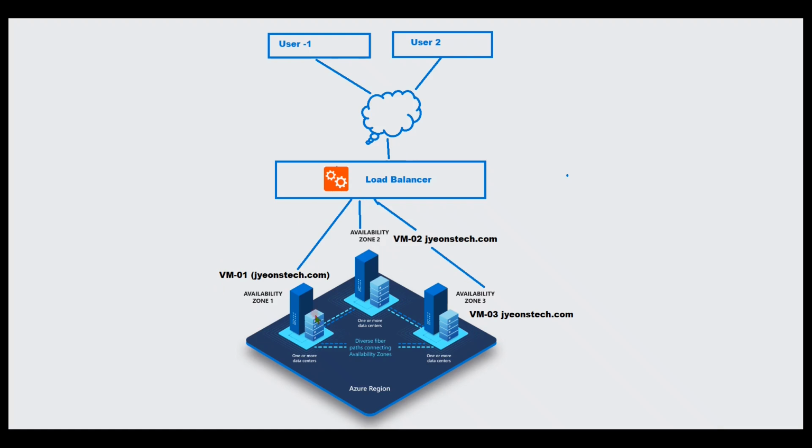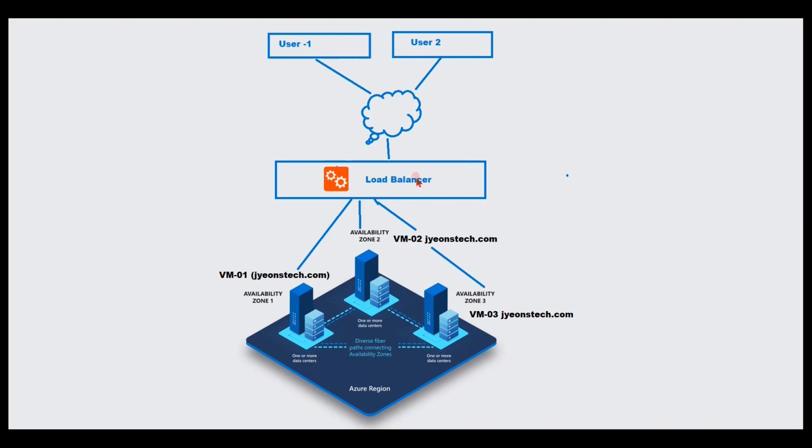If an availability zone gets disconnected for any reason, like a fire, and stops working, the user can still access my website through availability zone 2 and availability zone 3, because it is already behind the load balancer.